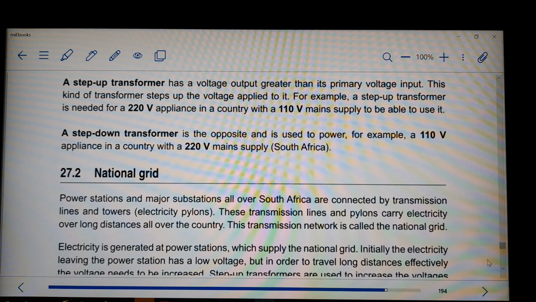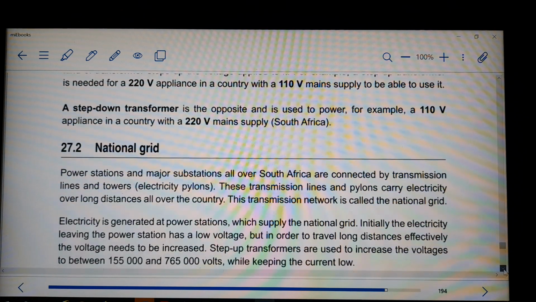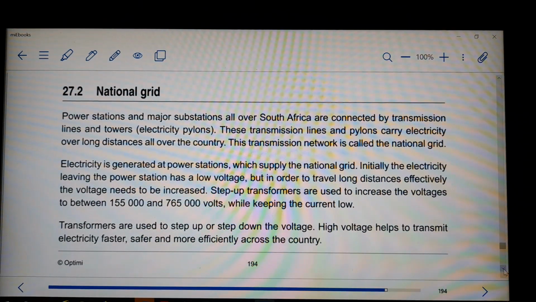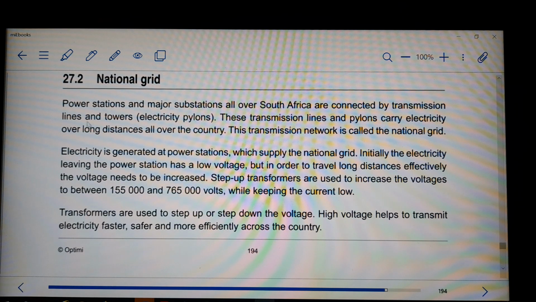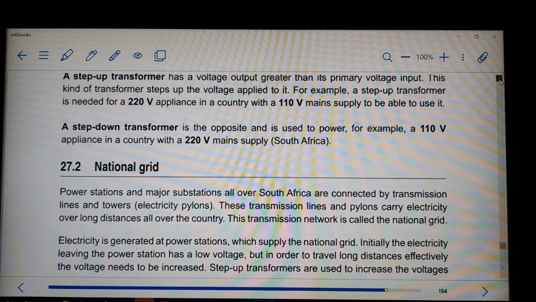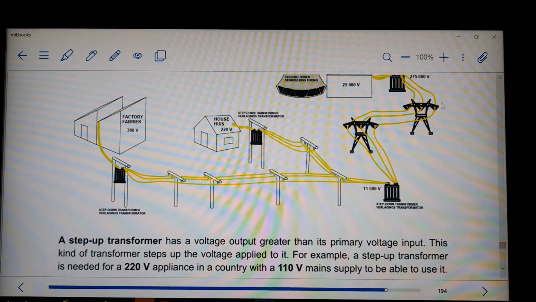Now let's talk about the national grid. You will understand what the national grid is. Power stations and major substations all over South Africa are connected by transmission lines and towers, which are electricity pylons. Those things that are like trusses, we call them electricity pylons.